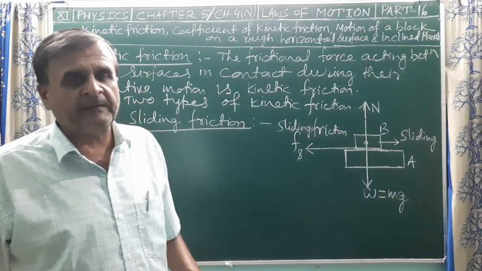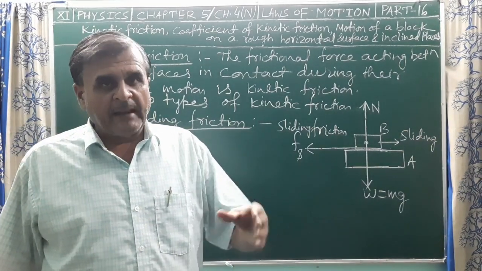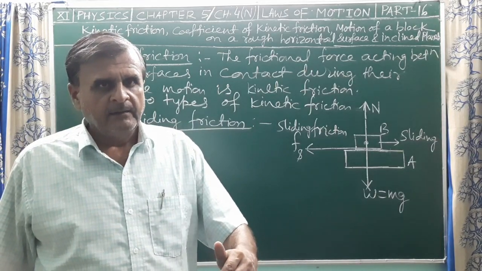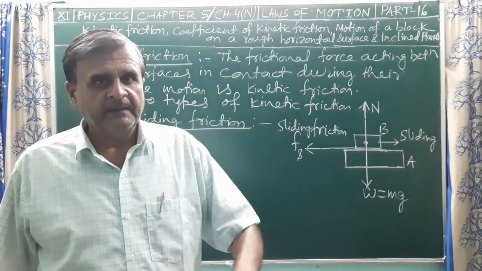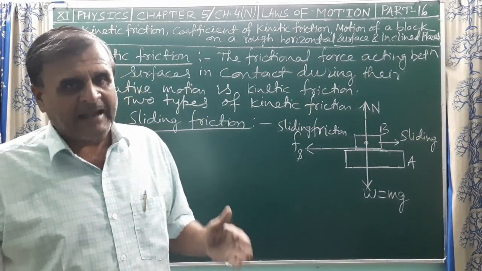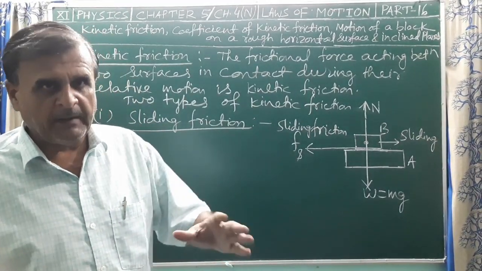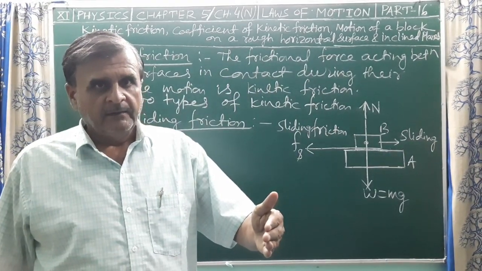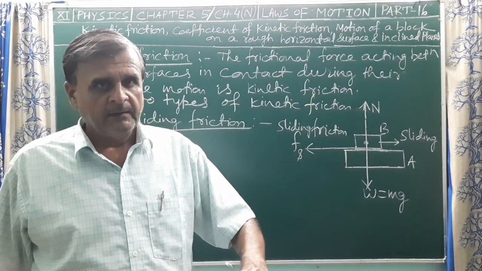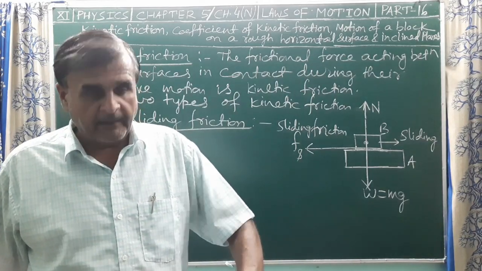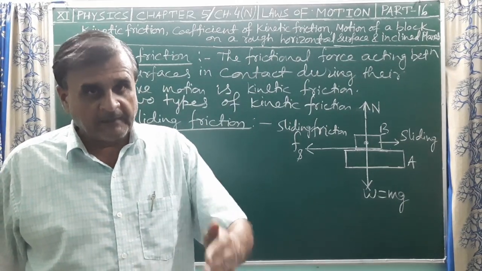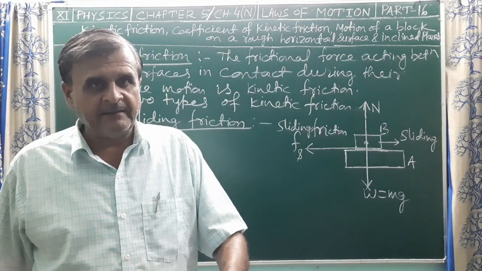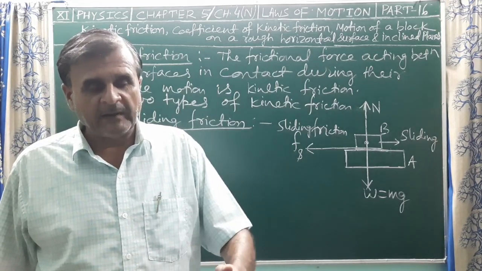One example of sliding friction is when a wooden block is pushed or pulled over a surface, then sliding friction comes into play between the two surfaces: the surface of the wooden block which slides, and the surface on which the block is pushed or pulled.